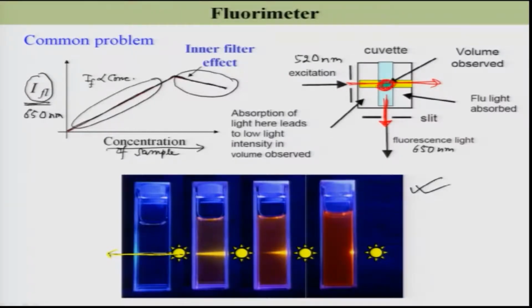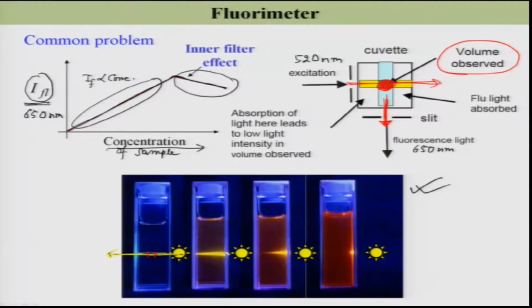So, this is my volume of absorption, or observed volume. This observed volume is somewhere over here. Now if you increase the concentration of your sample, you see that the excitation light will find more molecules in this region. So, it will be excited, and throughout the region the excitation light intensity will not be the same.